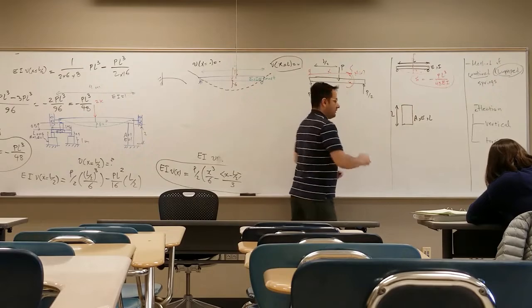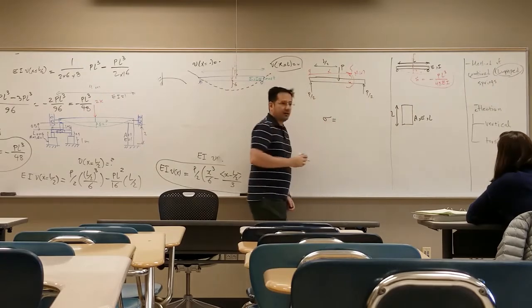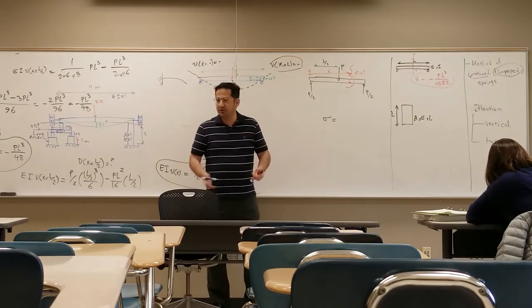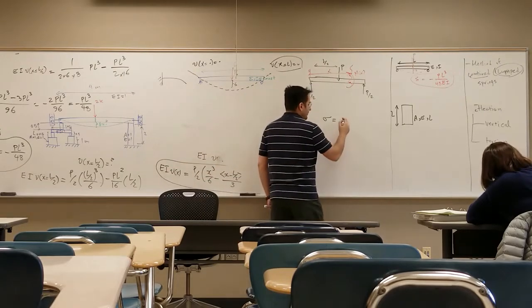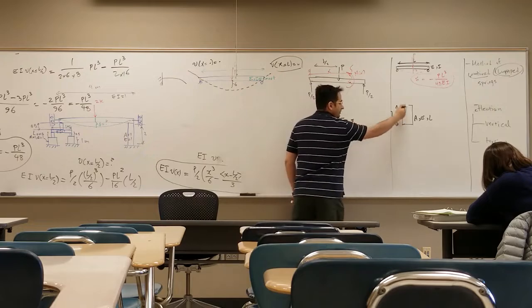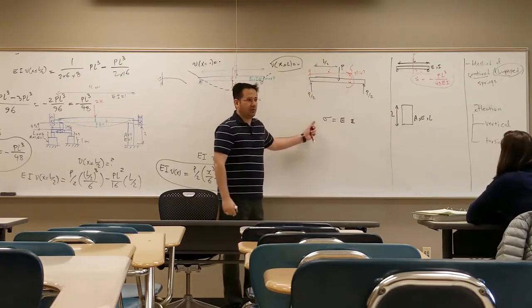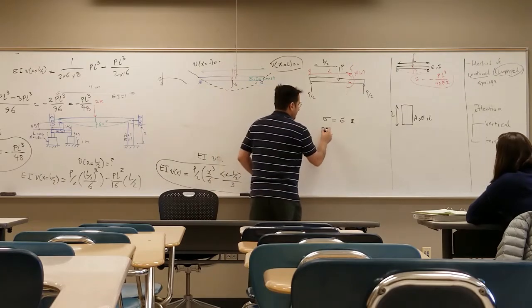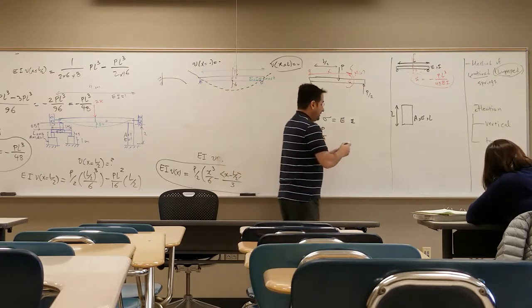If you write sigma is equal to, you guys had mechanics of material before, right? I think you all had mechanics of material. So in mechanics of material, we had sigma is equal to E epsilon for this bar. What is sigma? Force over area, P over A. So we put P here.